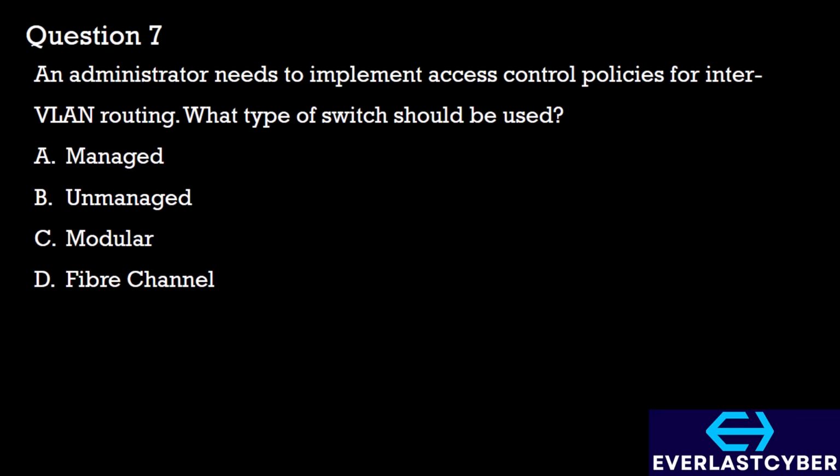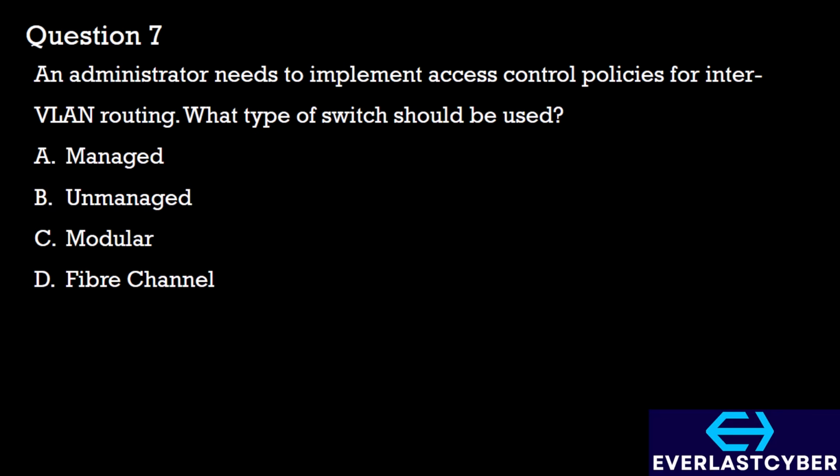Managed switches have advanced features like VLAN configuration or inter-VLAN routing, and they also have the ability to implement access control policies. Option B, unmanaged switches, are basic switches that provide simple connectivity without any configuration options.